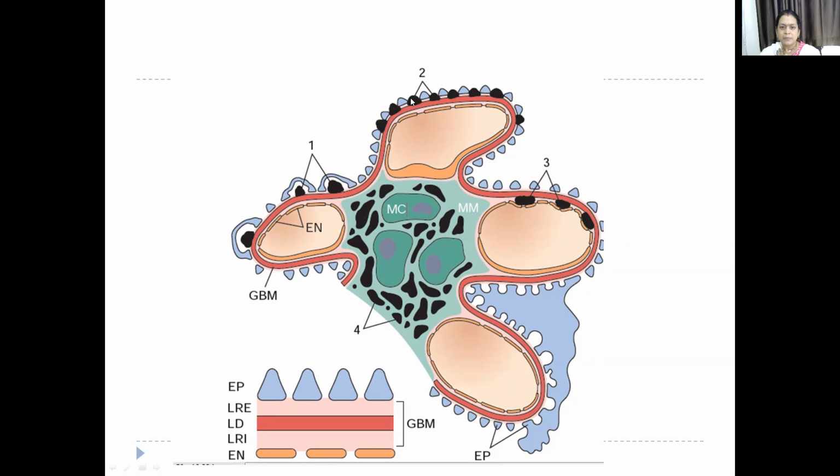These are the visceral epithelial cells or podocytes, and in between, this black thing represents the deposit. These epimembranous deposits are seen in membranous nephropathy, and here you are seeing subepithelial humps, which are seen in acute glomerulonephritis.